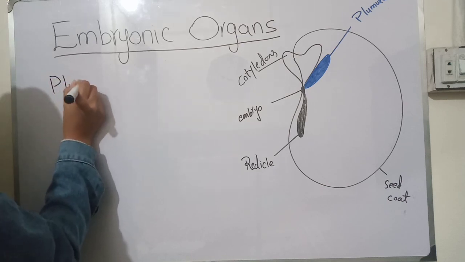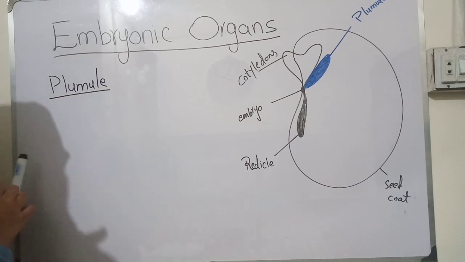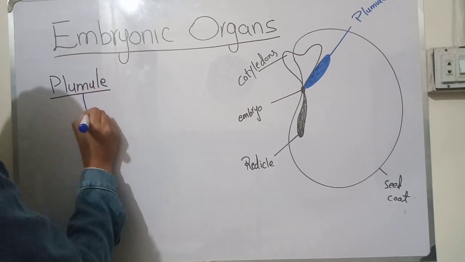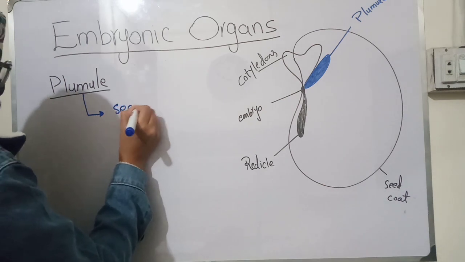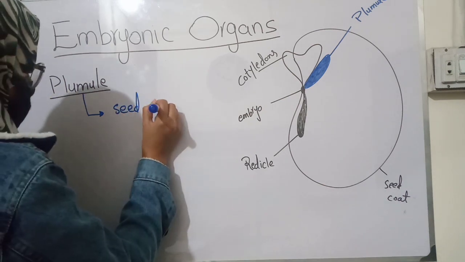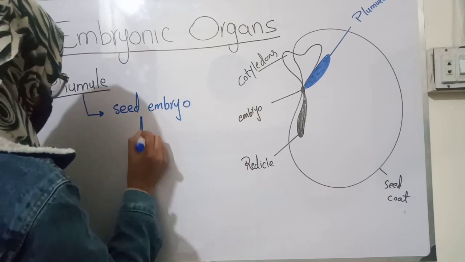Plumule is the part of the seed embryo which forms the rudimentary shoot.